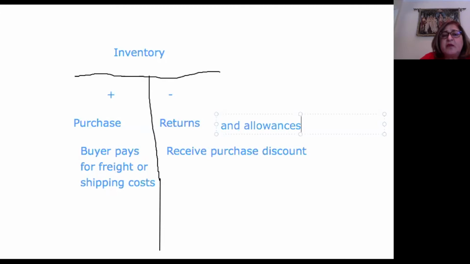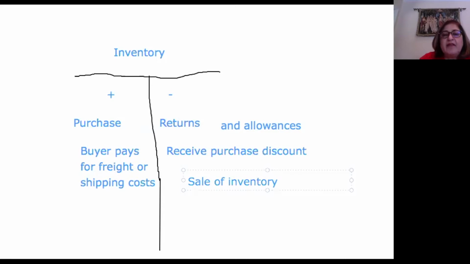Allowance is when we ask for a price reduction because of an issue. We keep the inventory, but we ask for a price reduction. The other thing that would affect this account is sale of inventory, which will reduce the account.